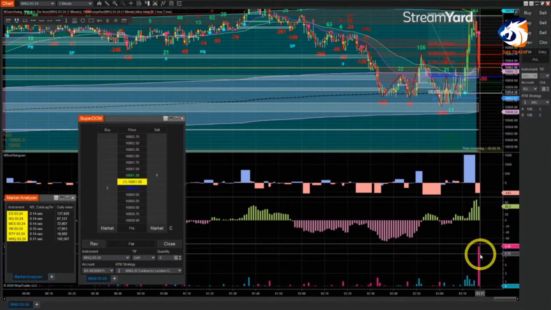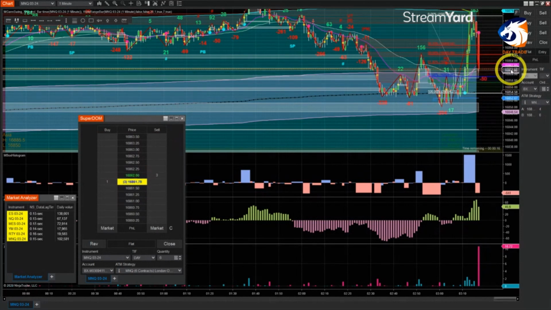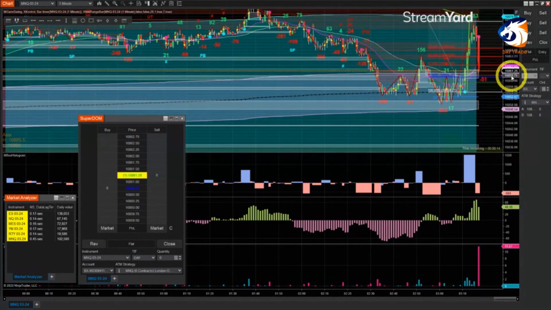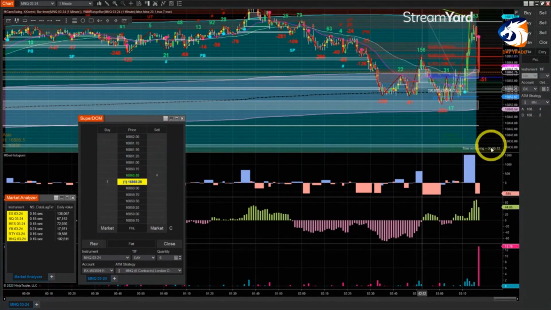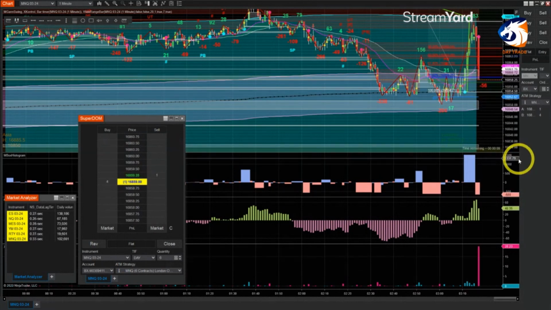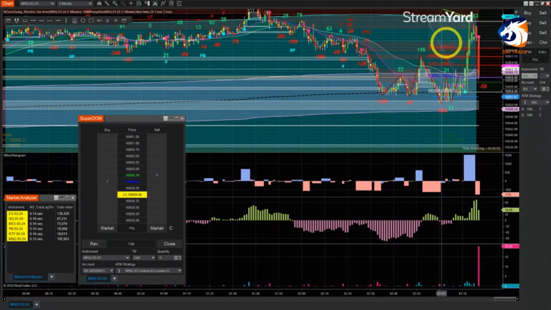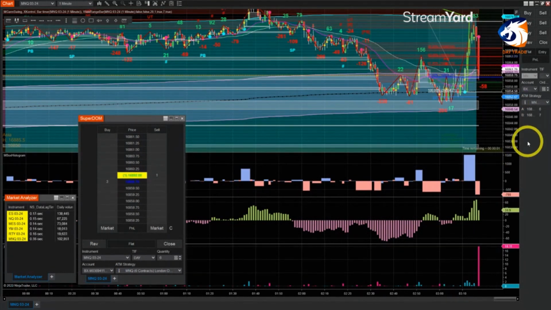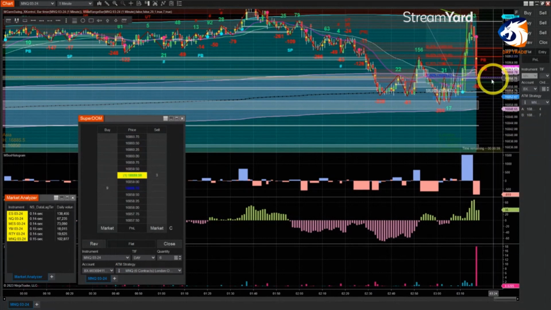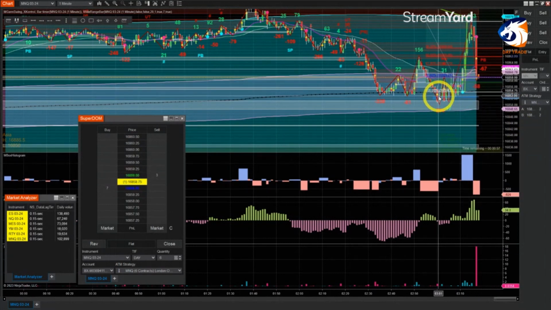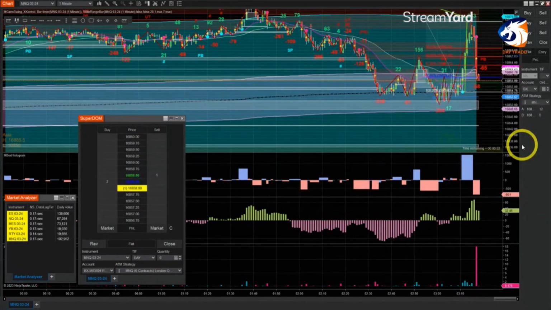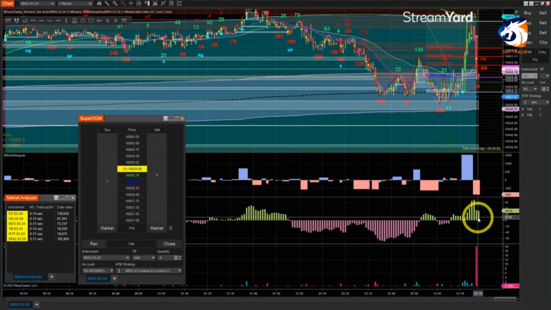Let's see. We have this again. Let's see if it finishes below this VWAP. So we're getting another wide range bar here. Right there. Let me see how far that goes. Getting a decrease here.